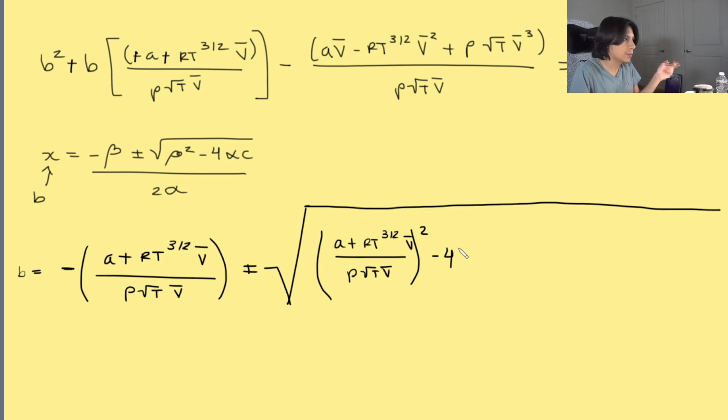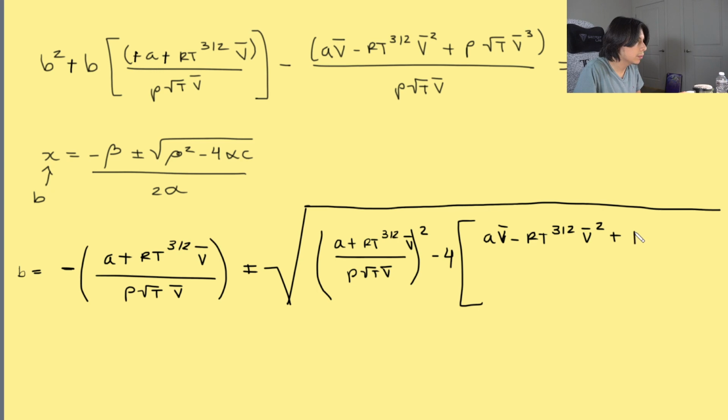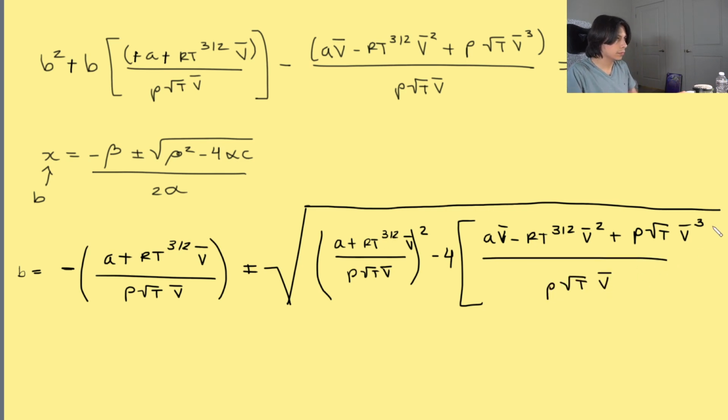So minus 4 times 1, so we're not even going to write times 1, and then times c, which is all of this term. So I guess this is going to be more tricky to write, but that's okay. And then that's A V bar minus RT to the 3/2 times V bar squared plus P square root of T V bar cubed, and then over P square root of T V bar.